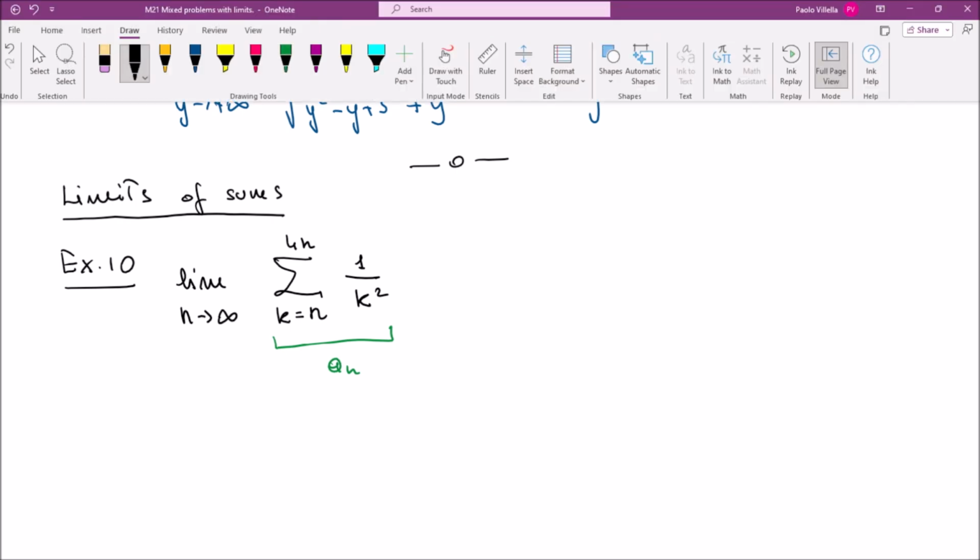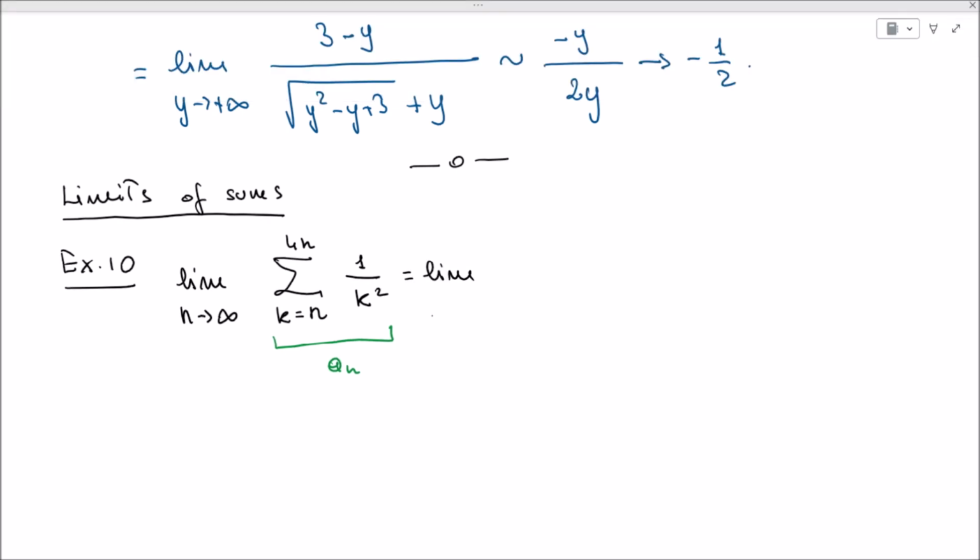So this is the limit as n goes to infinity. If I start with k equal n, the first term is going to be 1 over n squared. The second term will be 1 over n plus 1 squared, dot dot dot, up to 1 over 4n squared.